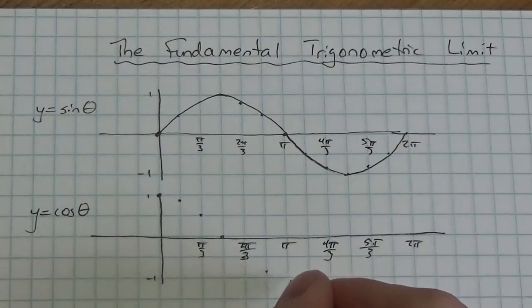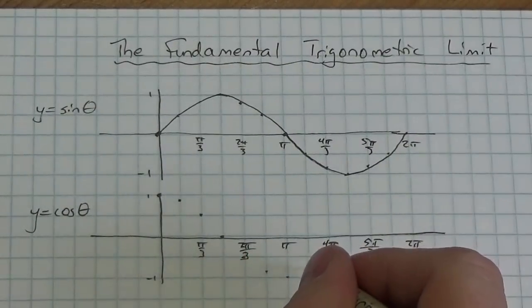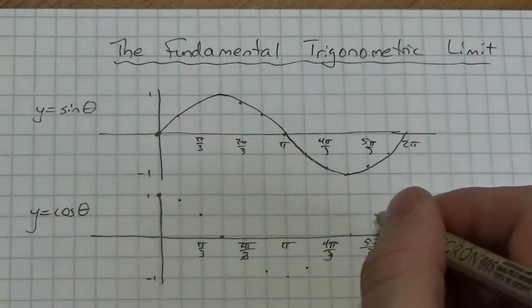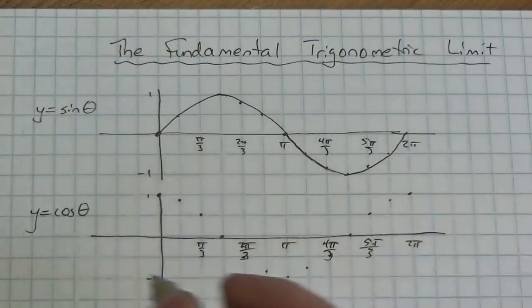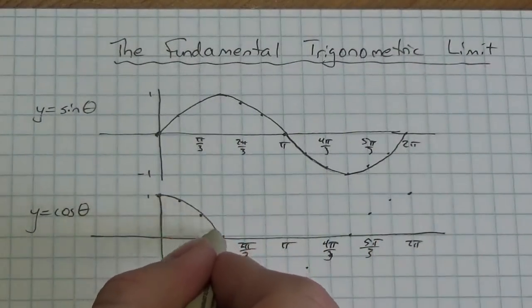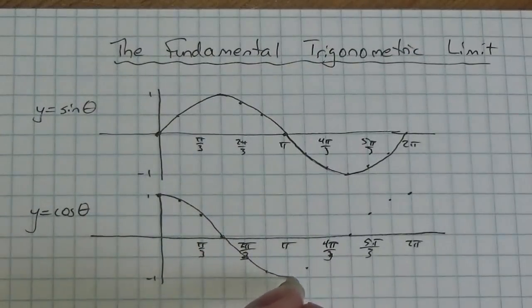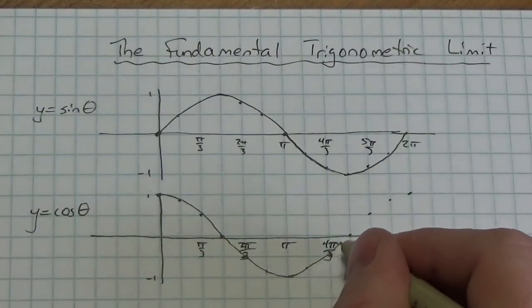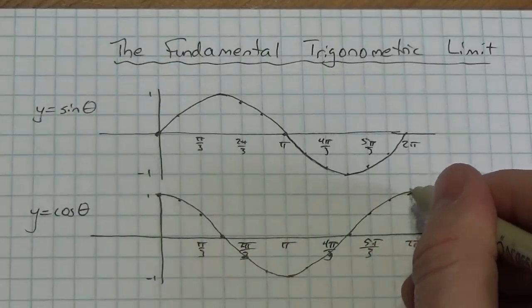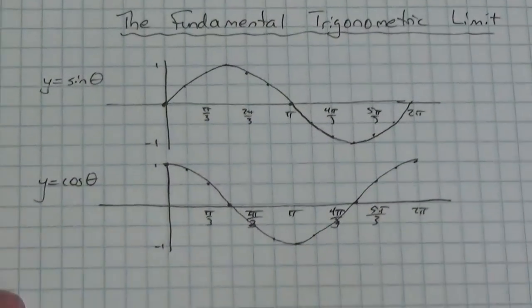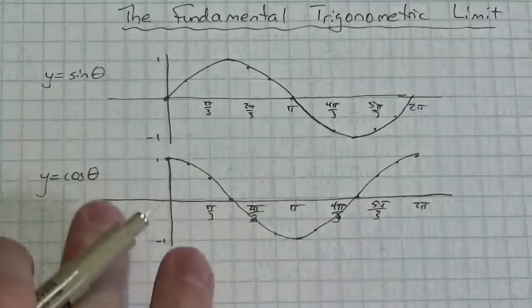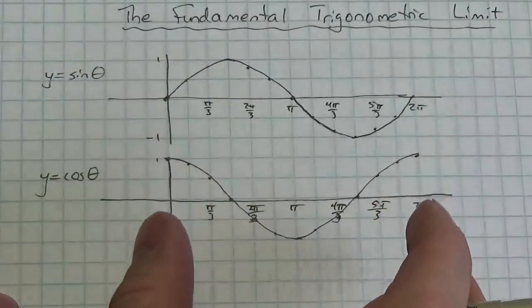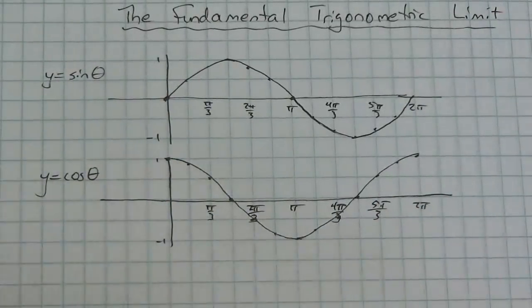At pi, it's down at -1, and then halfway back up. So cosine is going to look like this. That has looked better, but you get the idea. There's your sine of theta, and here's your cosine of theta. We're looking at single periods here.